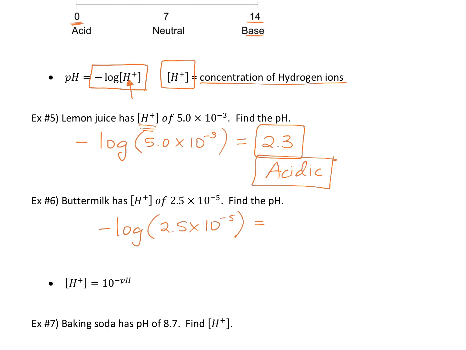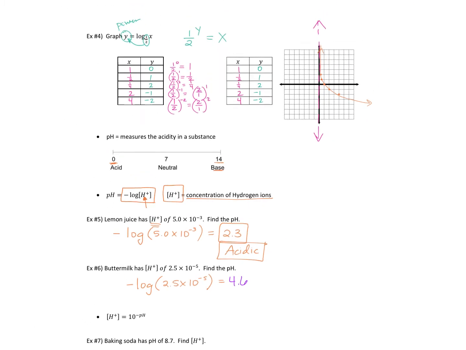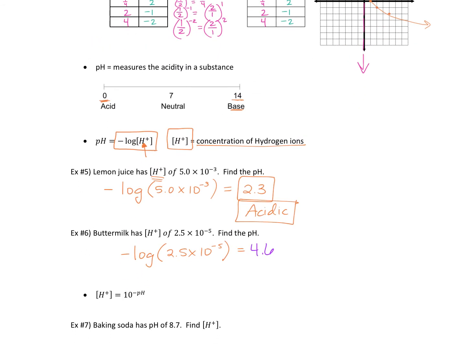What'd you get? 4.6. Is that an acid or a base? It's acidic. Isn't that crazy? Buttermilk? Really? That's closer to the acid. So 4.6, that would be acidic.